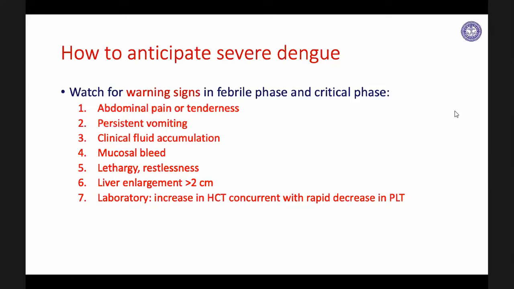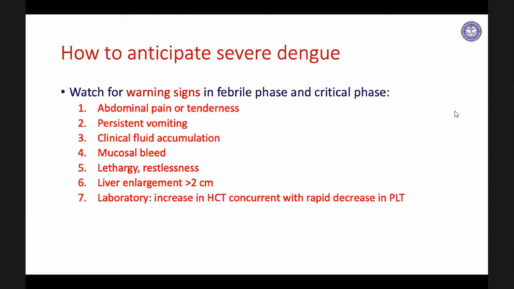So none of the parameters were able to meet the criteria required as a good predictor. However, there are 7 things which are listed here, which almost reached statistical significance. They did not reach significant levels, but they almost got there. So we can't call them predictive signs because they did not predict with statistical significance, but we call them warning signs.